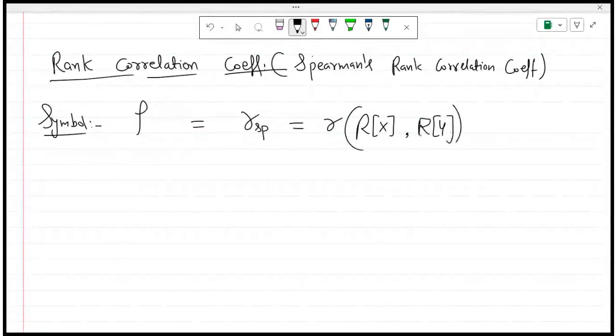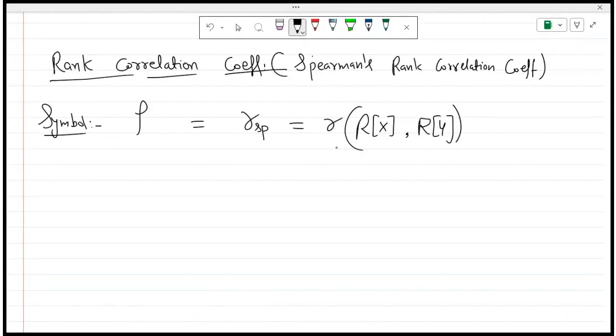When it is used? So when we want to compare some order of merit, or when we want to compare likings, okay, in such kind of methods, we use this rank correlation coefficient.